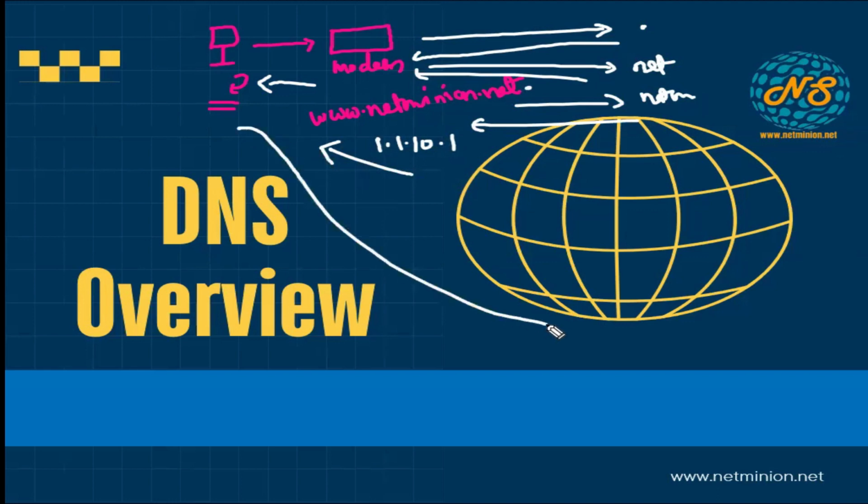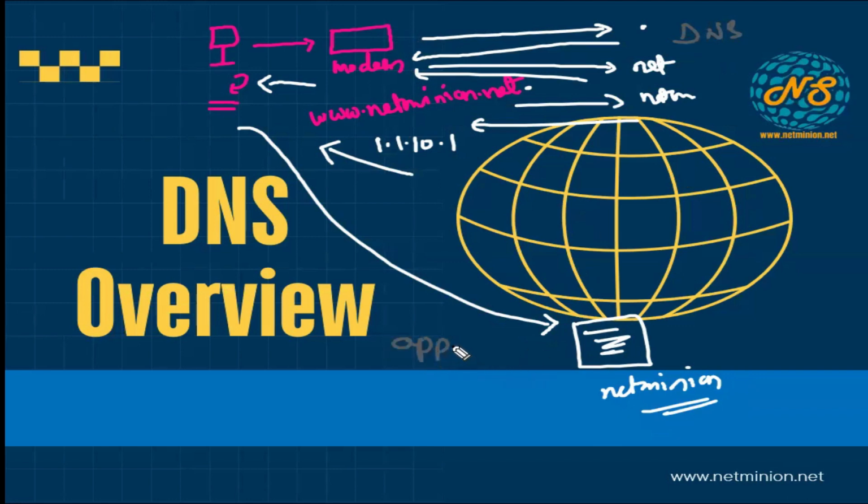Then another packet will go to the application hosted in the NetMinion data center. So there are two packets. One is for DNS. Second is for your actual application traffic. It can be your GET request, your POST request, or whatever request you are going with. Fine?